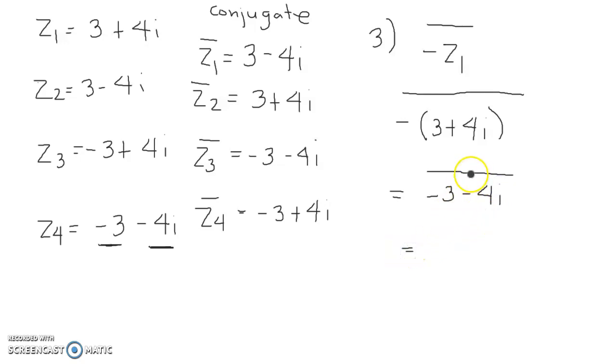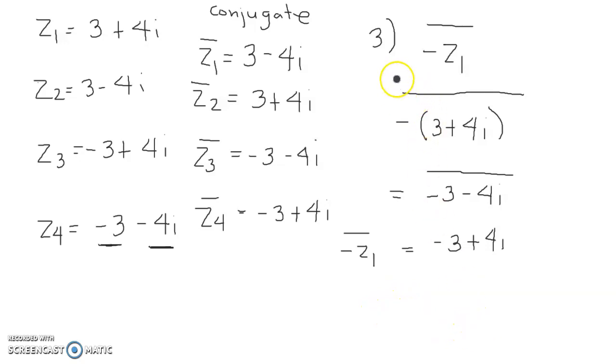And if we want to get the conjugate of negative 3 minus 4i, it is negative 3 again, and the opposite of negative is positive 4i. So that is the answer for number 3, the conjugate of the negative of z1.